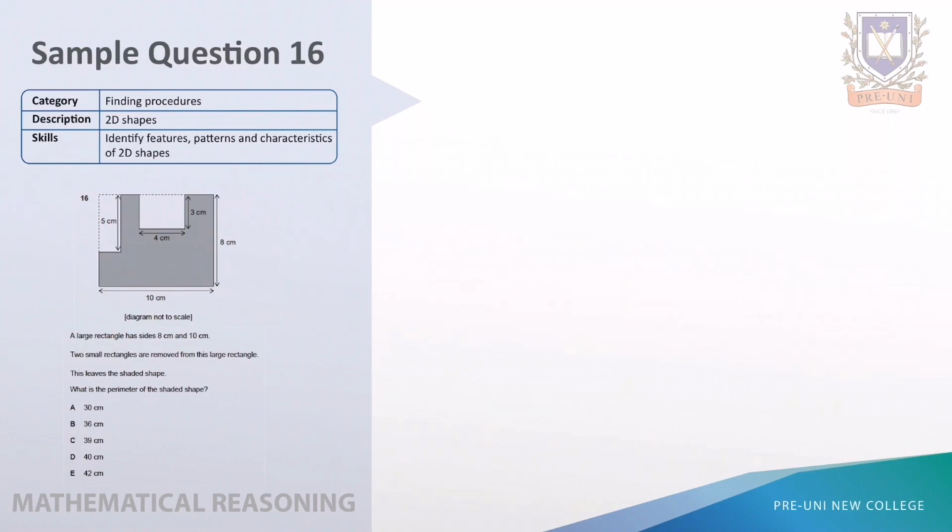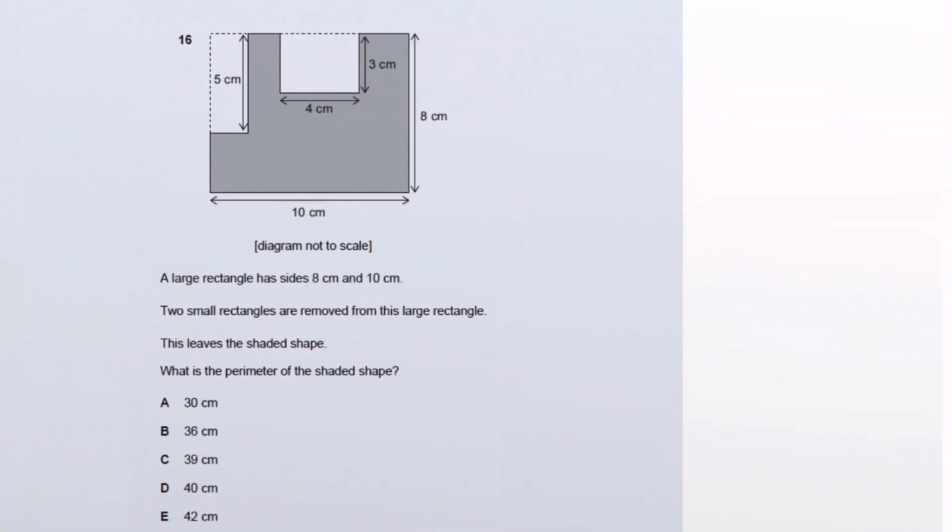In question 16, we have the category finding procedures, the description, 2D shapes, skills, identify features, patterns, and characteristics of 2D shapes. So looking at question 16, we have a diagram, and a large rectangle has sides 8 centimeters and 10 centimeters. 2 small rectangles are removed from this large rectangle.